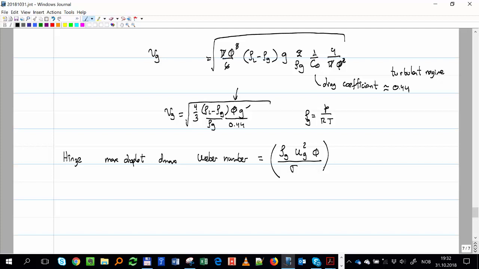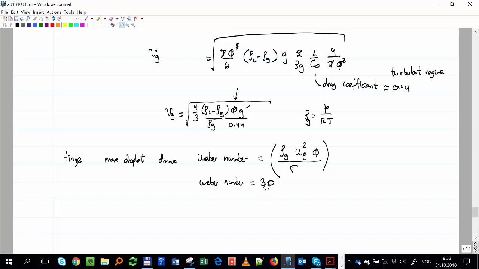He said the maximum diameter occurs when this Weber number is exactly 30.